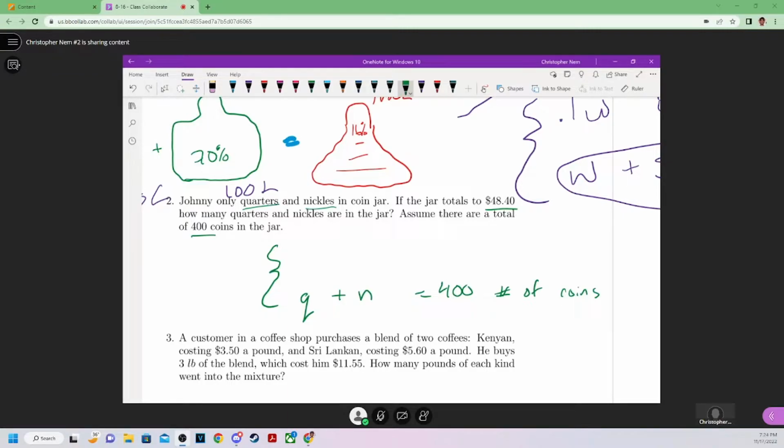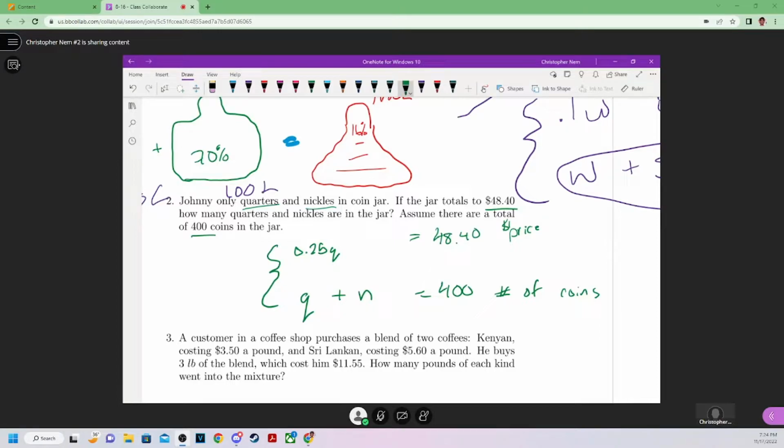Now we're going to talk about the price of each category or topic. So how much total money is in the coin jar that Johnny has? It is $48.40. How much do quarters cost? Well, they should cost 25 cents, so 0.25Q.